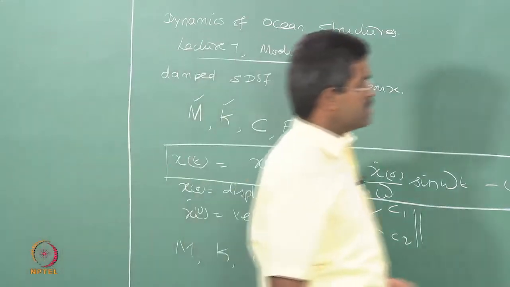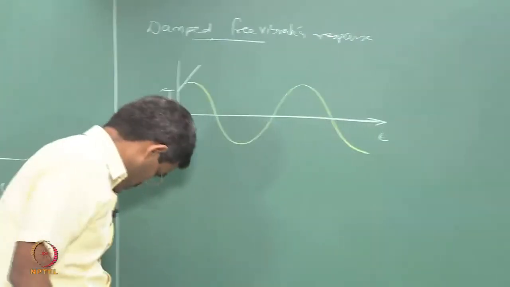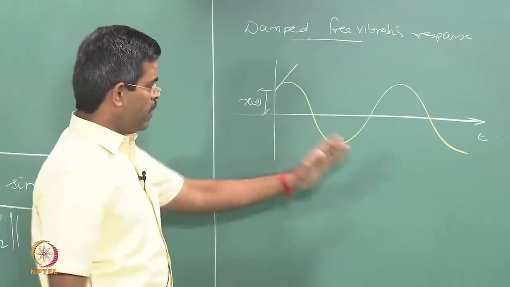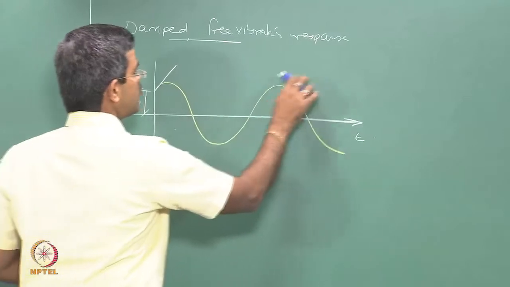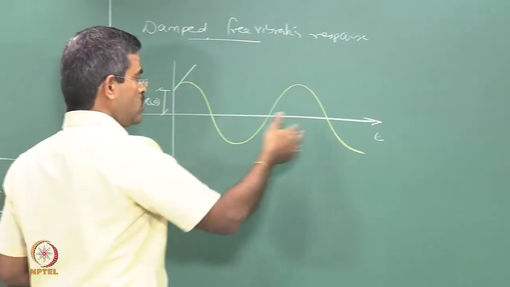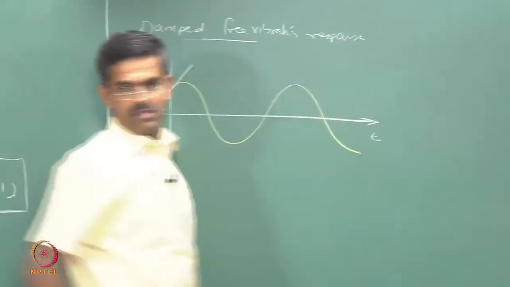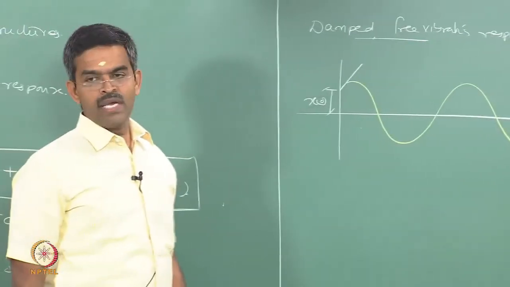You will notice an interesting phenomenon in this response: it is not actually decaying at all. The amplitude will be constant, continuing for an infinite number of cycles, but in reality it is not so.